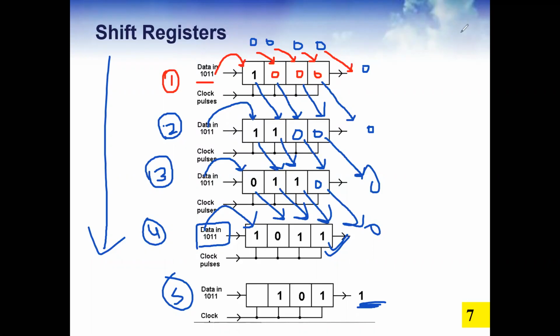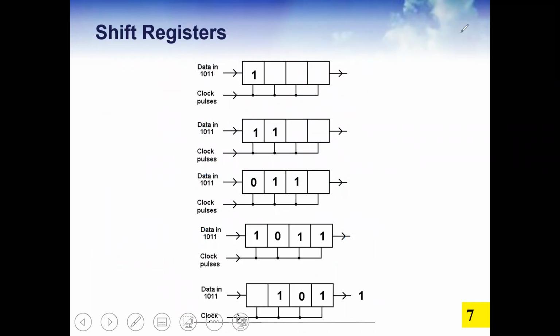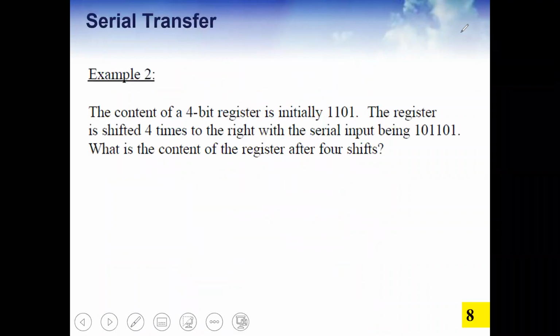Let's see one example, one question for that. A question may also come with that. The content of a 4-bit register is initially 1101. The register is shifted 4 times to the right, with the serial input being 101101. What is the content of the register after 4 shifts? So they are saying that the initial value is this, and the input is this. After 4 shifts, what will be the content of the shift register?